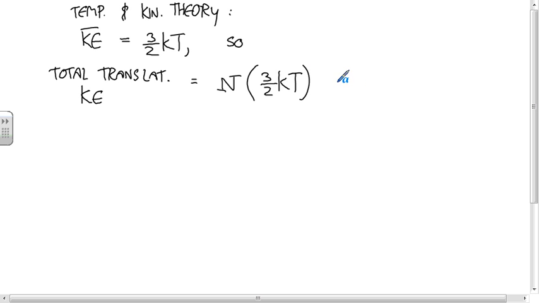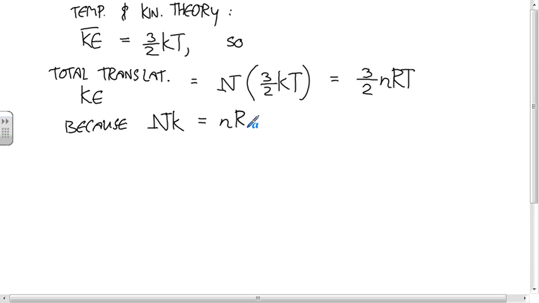And you can also write this as 3/2 times little n, the number of moles, times RT, because the number of molecules times k is equal to the number of moles times R. That's a relationship that's always true between k and R. So that's why for monatomic gases, the total internal energy is equal to 3/2 nRT.